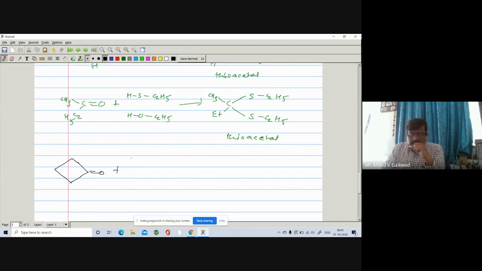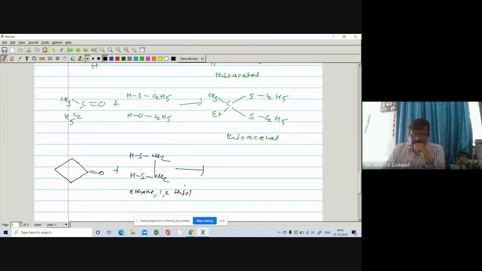Suppose you react it with HSCH2, HSCH2, so I have joined these two carbons here. It is just like ethanol, ethane 1,2-diol, so ethane 1,2-dithiol. This compound is ethane 1,2-dithiol.